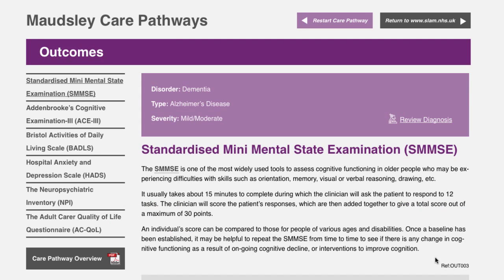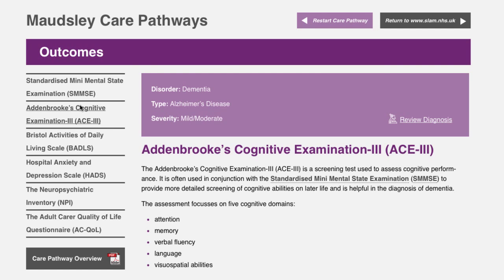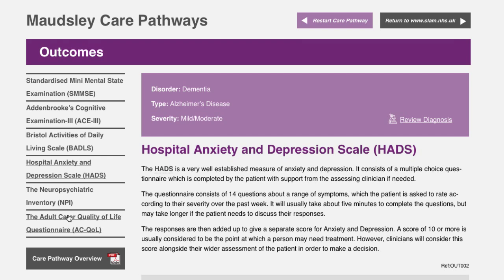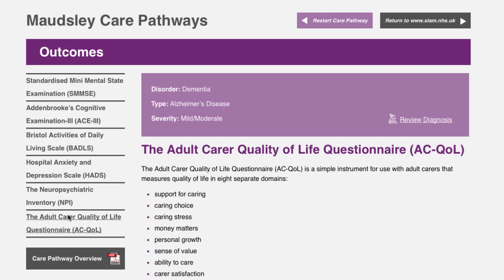In order to ensure that the treatment and care we provide is effective, we use a range of outcome tools to help us assess the severity of a condition and monitor change over time. Within the Outcomes page, you can navigate through the different tools our practitioners use for your selected diagnosis.